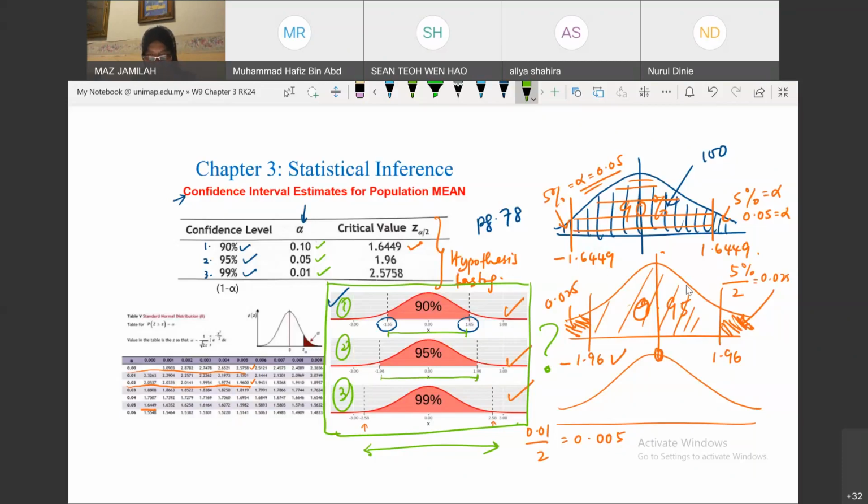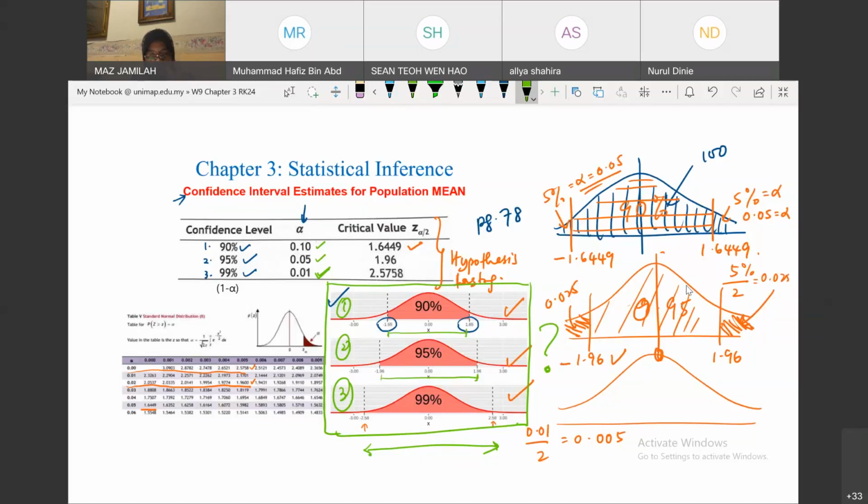This is the important understanding that you should know. If I increase the alpha value, I will have a smaller CI. If I decrease the alpha value, I will have a larger CI.